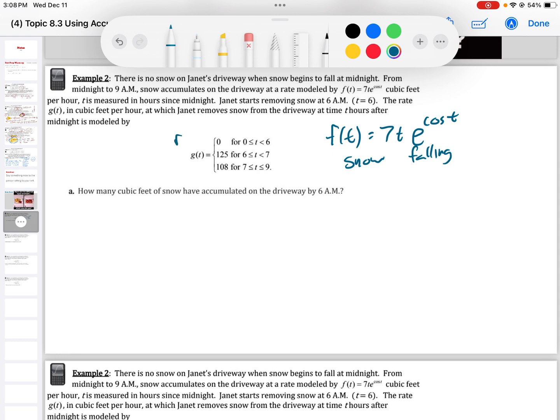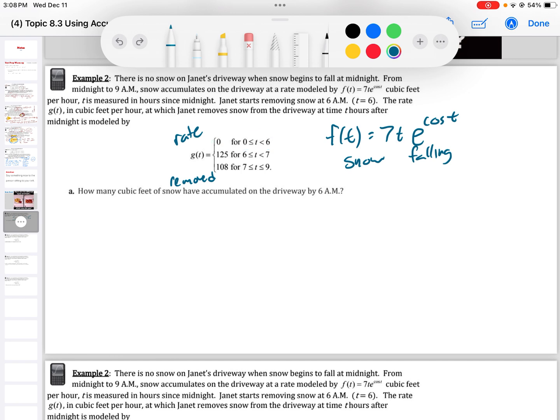The rate, g of t, so this is a rate being removed, is measured in cubic feet per hour, so same. And she's removing the snow from the driveway at time t hours after midnight, and it's modeled here.